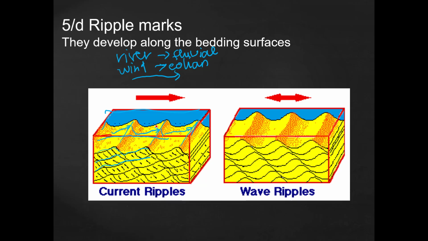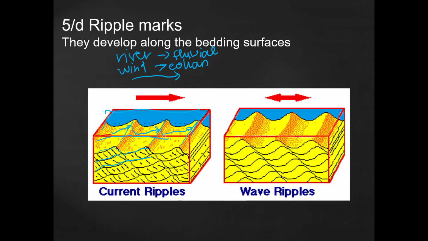One side is always longer, the other side is shorter, and the long side shows you the direction of the current. So it's really good because when you look at the paleoenvironment and you see ripple marks, you can tell which way that river at the time of formation was moving. So that is amazing data which you can get from your paleoenvironments.